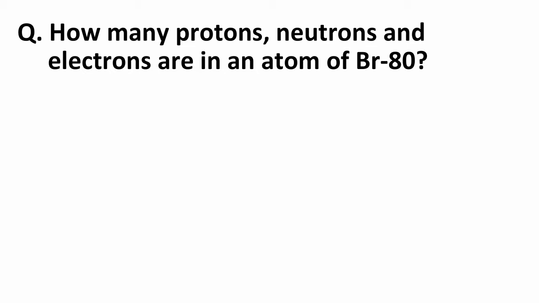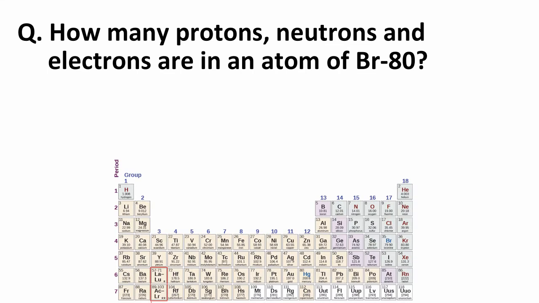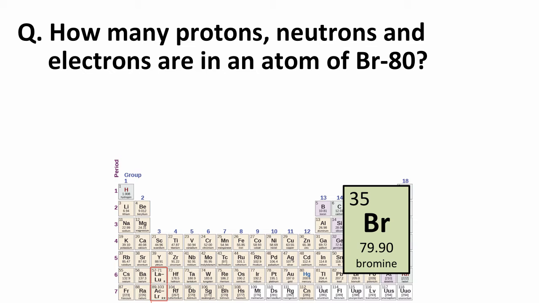So, how many protons, neutrons, and electrons are in an atom of bromine 80? If we look at the periodic table and find bromine, we'll make it a little larger so we can see easily. 35 and 79.90 are the numbers shown with the element symbol for bromine. And of course, 35 is the atomic number, and that means an atom of bromine has 35 protons and 35 electrons.